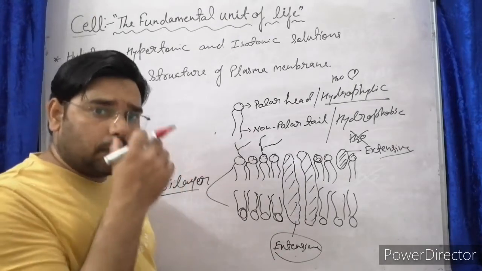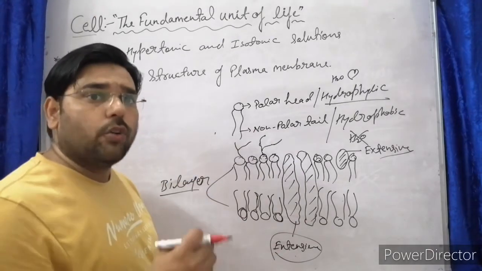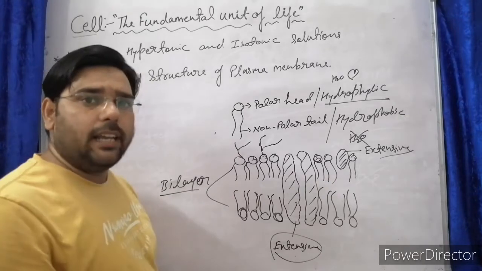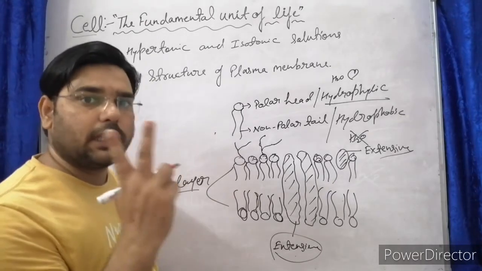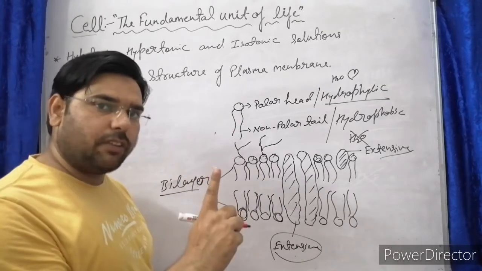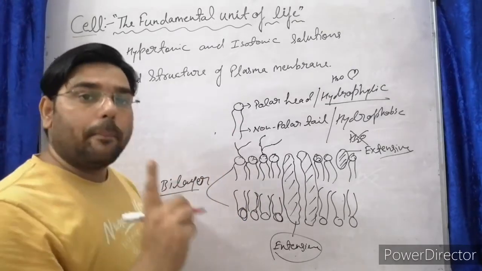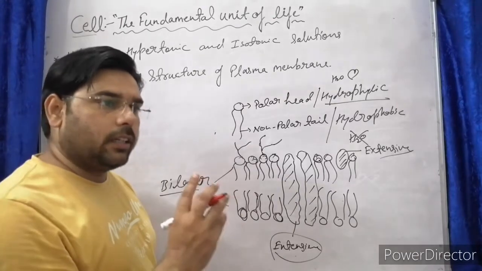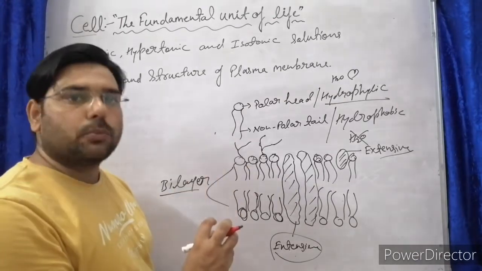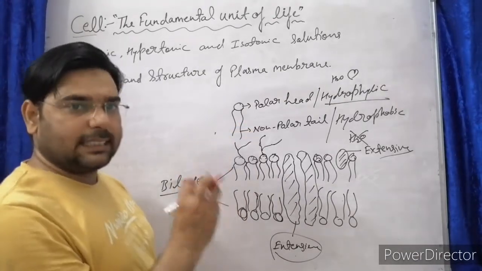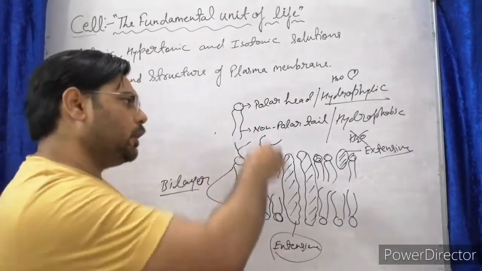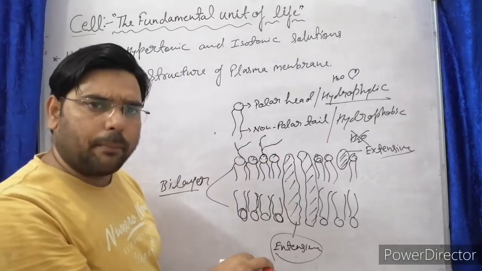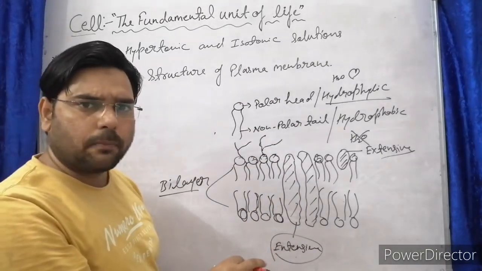But there are some particles which do not go into the cell through diffusion; they have to be actively transported. There are basically two types of transport: passive transport and active transport. Passive transport includes diffusion and osmosis, where no energy is required. The molecule just passes through the plasma membrane and goes inside the cytoplasm.